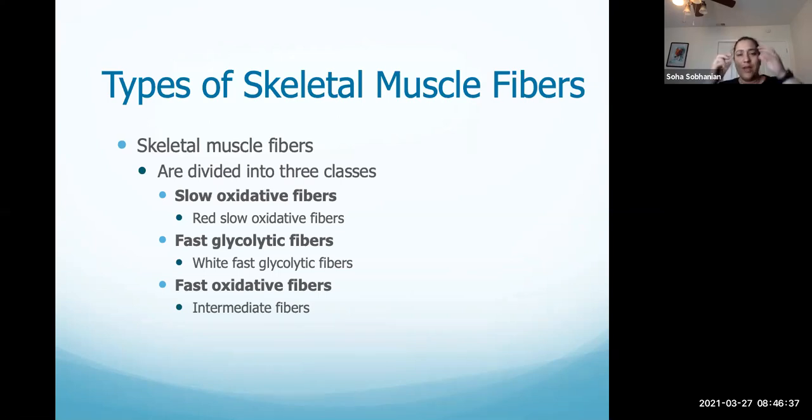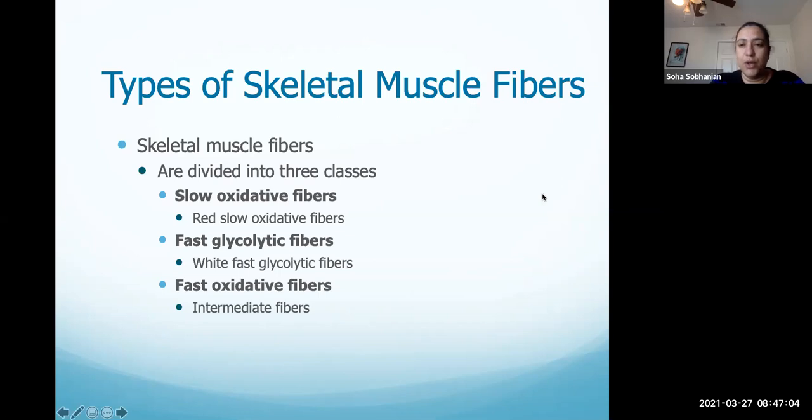Simple. So if you're hearing the word oxidative, automatically you should think, I need a lot of blood supply to that tissue. So blood supply and capillary network are going to be significant in both slow oxidative and fast oxidative.